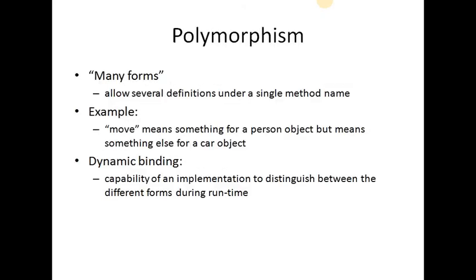So now we talk about polymorphism. What is polymorphism? We can say it is all about many forms. The word polymorphism means having different forms. In simple words, we can define polymorphism as the ability of a message to be displayed in more than one form.